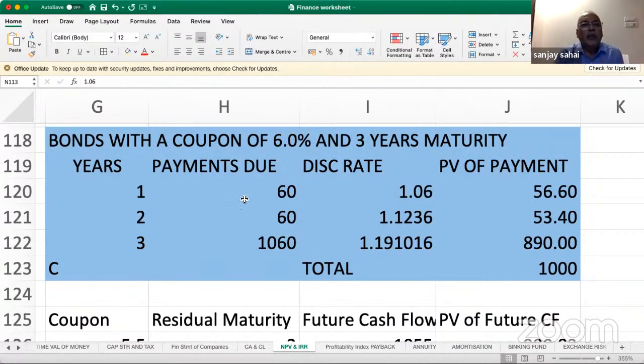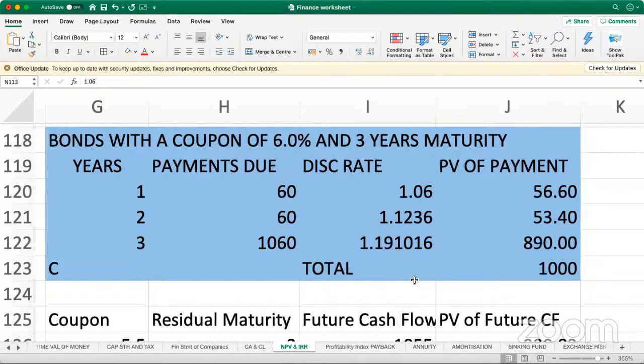So you see, when you find out the future cash flows for 3 years, 60, 60 and 1,060, discount them by 6%, you will end up with exactly 1,000. So basically what is happening is, by adjusting the price, I am making sure that the yield in the case of each bond is the same. That's all. Is everyone clear about this?